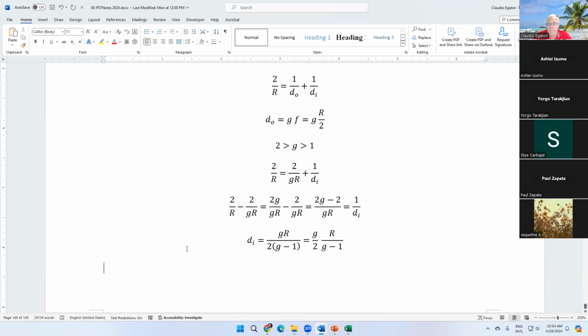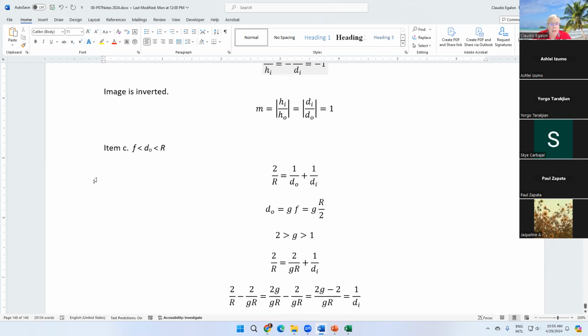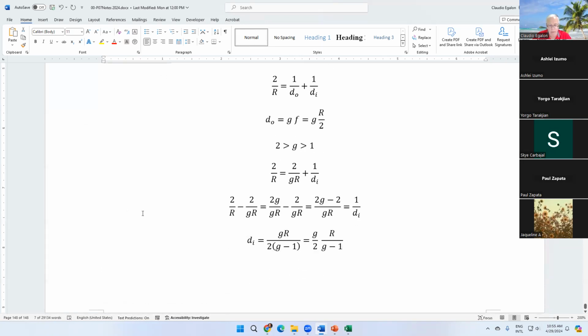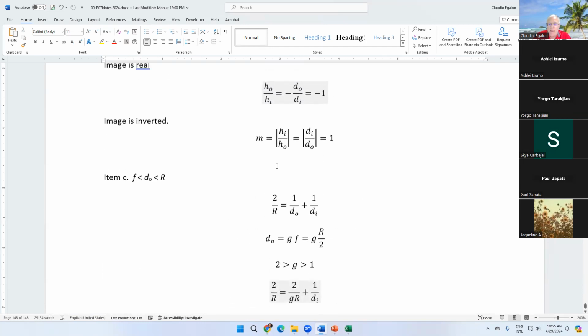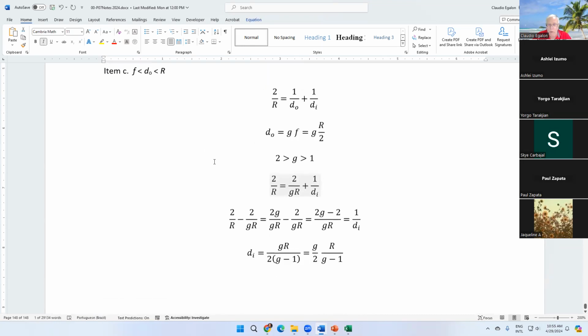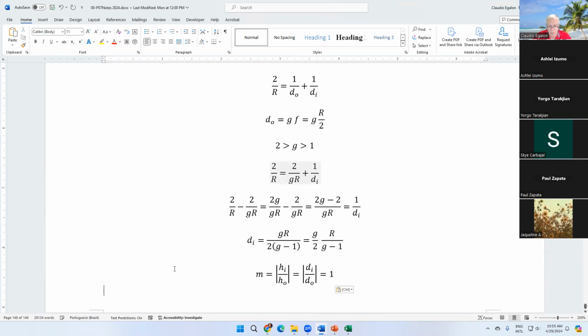Okay? And the magnification will always be greater. Okay? And that's item C. Let's see here. Let's get the magnification here. Let's see.